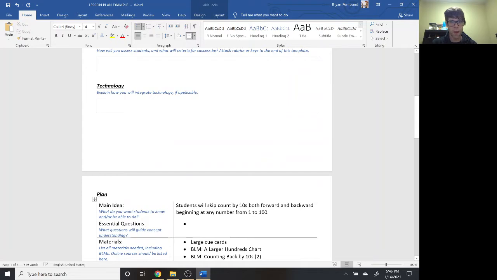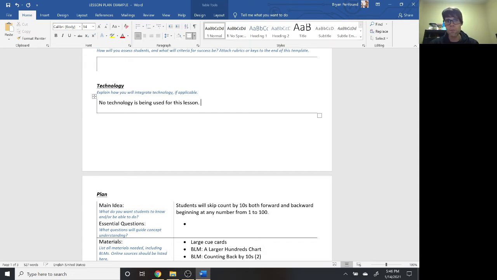And I'm not really using technology, so I might say something like, no technology is being used for this lesson. I don't really think technology needs to be used for this particular lesson. Maybe in some of the older grades, you might want to use computer software, the internet, or calculators to explore something.